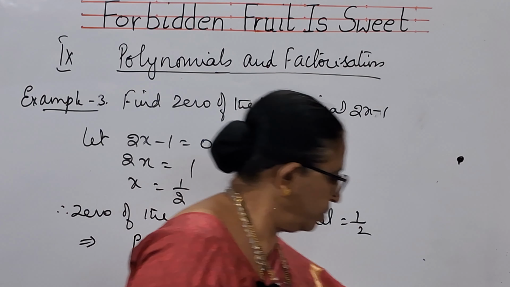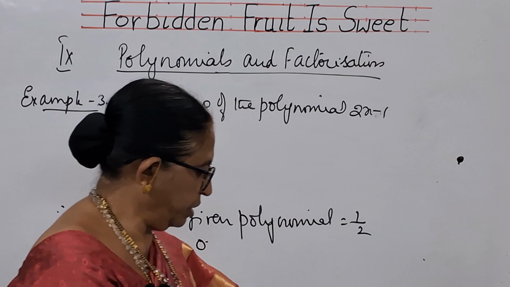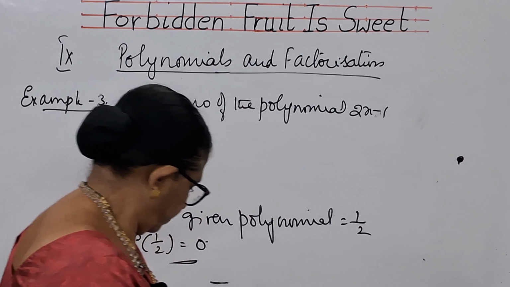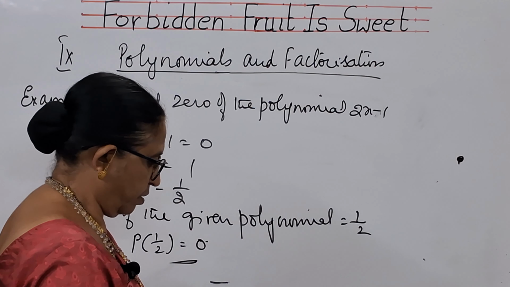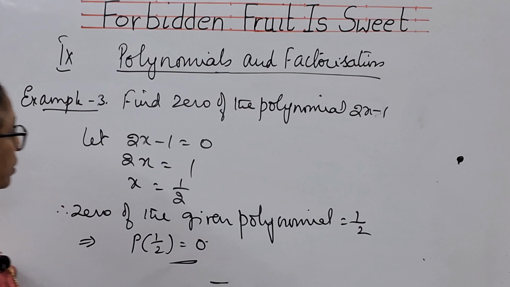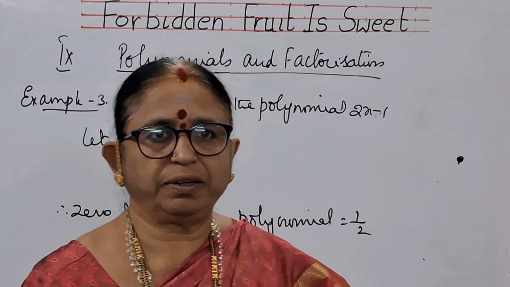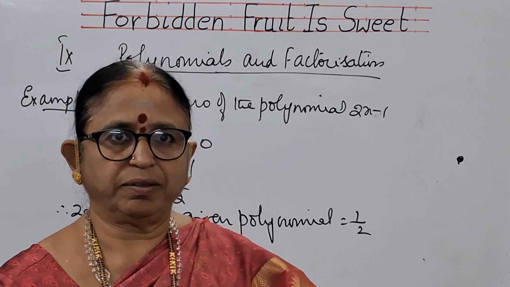So this is about the zero of the polynomial, children. I hope you have followed up to this video. Copy this, children. Next part, I will be doing it in the next class.